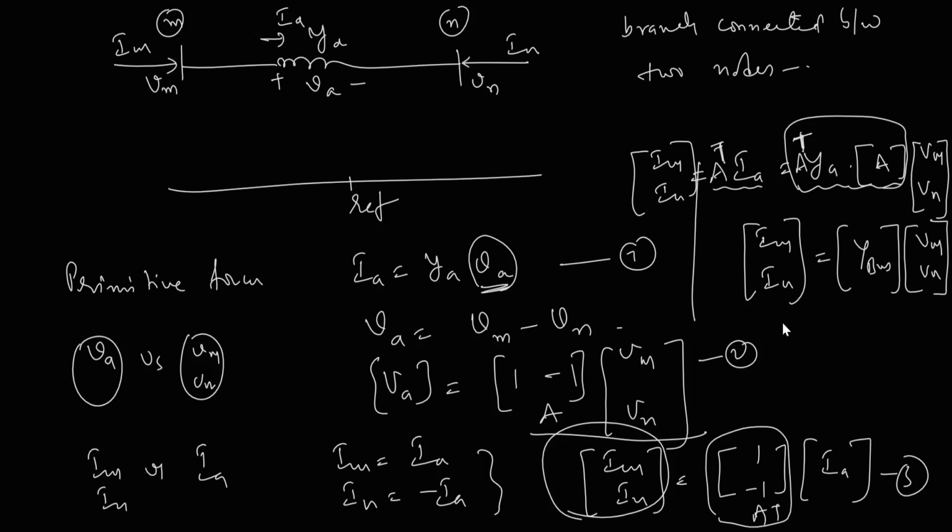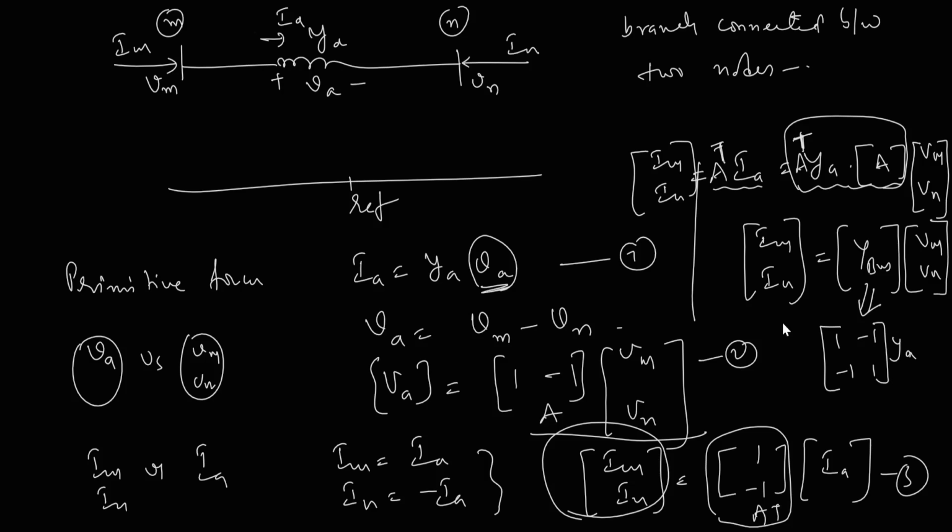If you form the product of this A transpose Ya into A, you will get [1 -1; -1 1] into Ya. Now this is the expansion of Y bus, that is [1 -1; -1 1] into Ya, or Ya, minus Ya, minus Ya, Ya.